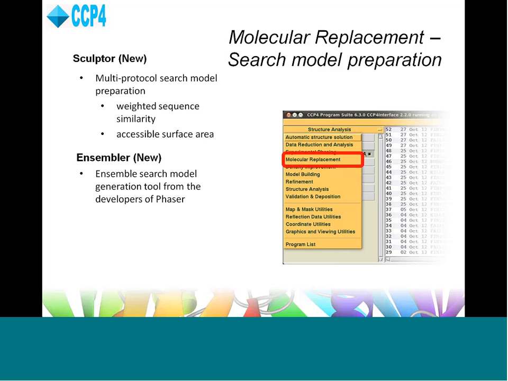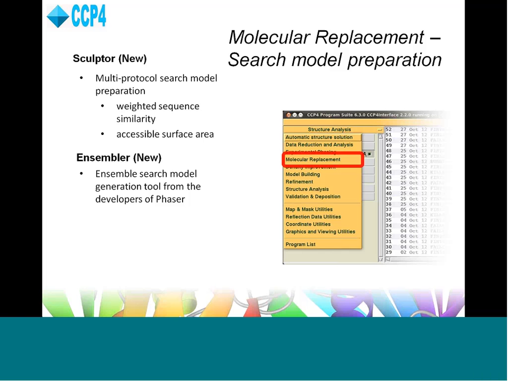The other new package from Phaser is Ensembler. What Ensembler does is take a set of homologs that you want to use in molecular replacement, superpose them together and prune them, and give you an ensemble model, which in some cases can give you a solution where any of the individual models that go into the ensemble don't.